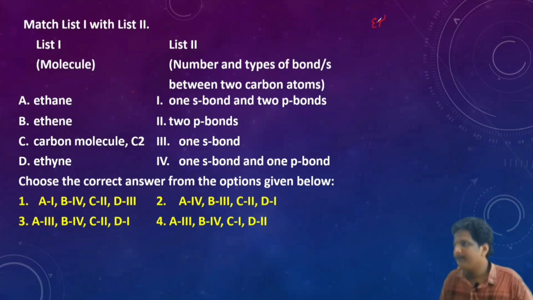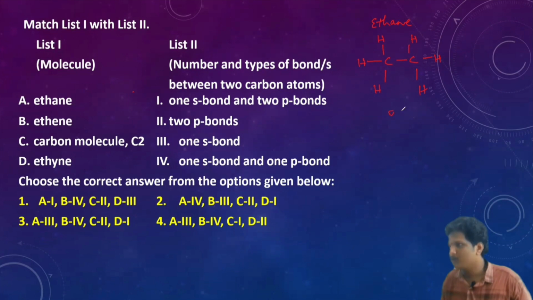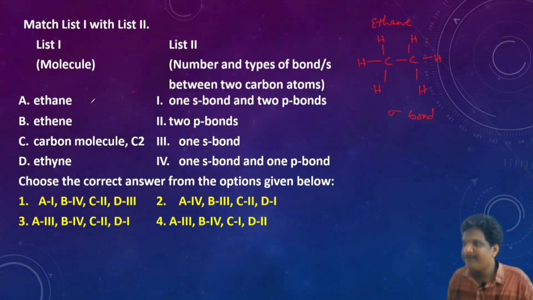In ethane, all the bonds are sigma bonds, so ethane has one sigma bond.